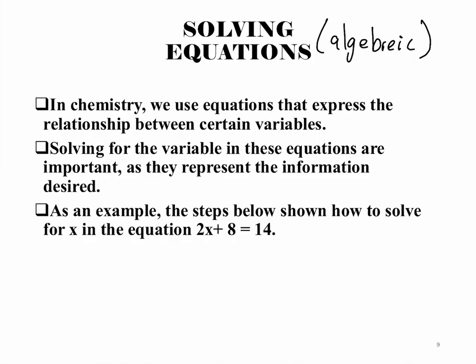Earlier I mentioned that math isn't the focus of the class. Math just happens to be the language of the universe that explains the relationship between different things, right? So we use equations to say how things are related to each other. You might hear me say throughout the semester that these are linearly related, quadratically related, inversely related, right? That's talking about a mathematical relationship between two different variables.